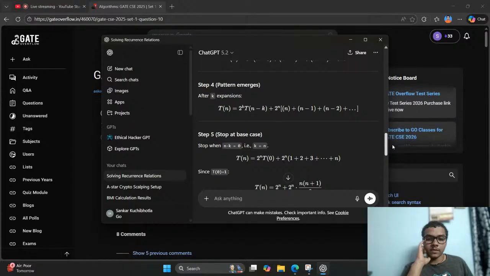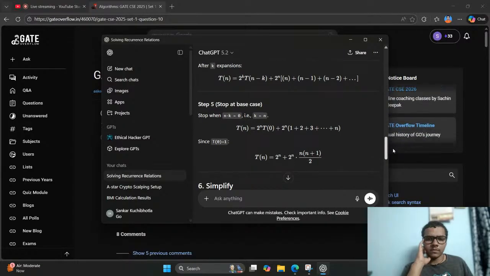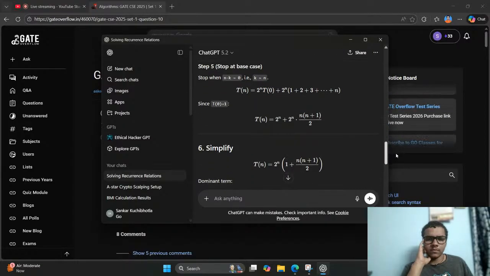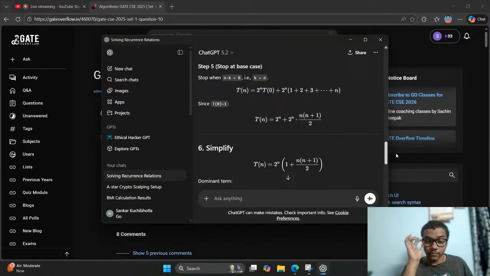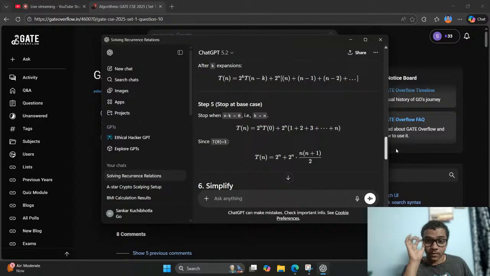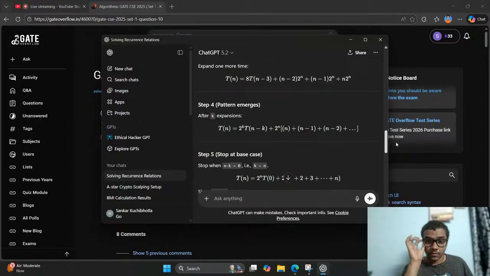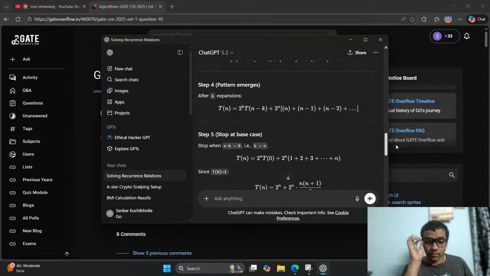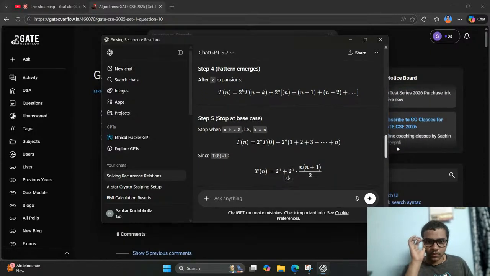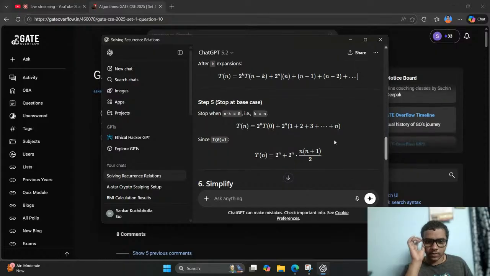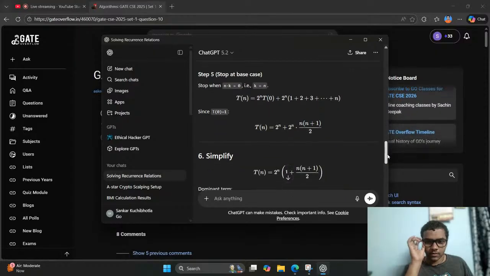Stop at the base case, when k becomes n. That gives 2 power n, since T(0) is equal to 1.